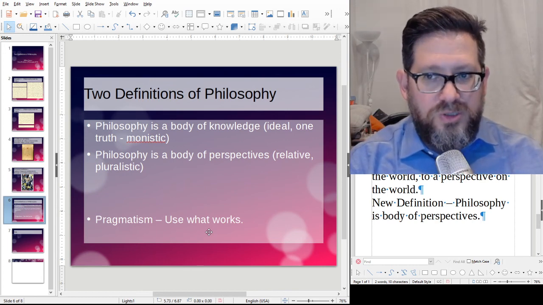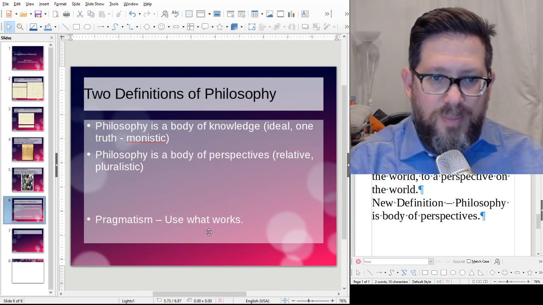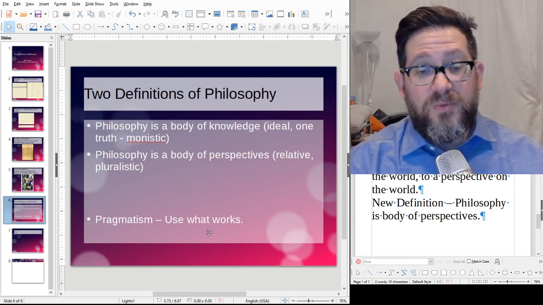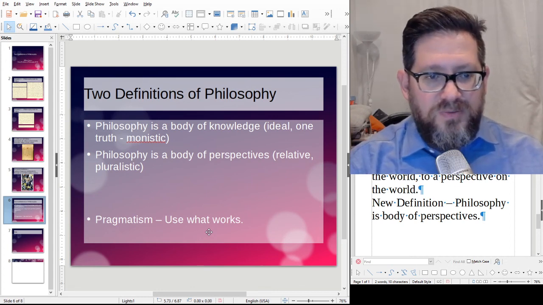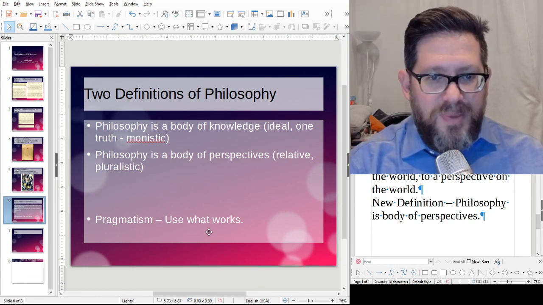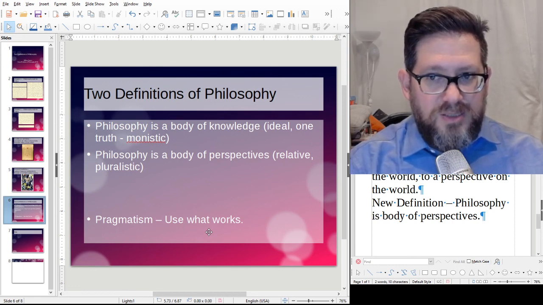Use what works. He can go back to this new definition, a body of perspectives, and say, use the perspective that works for you right now, and if it stops working, use a different perspective. This is a way for him to get past the stalemate in philosophy at that time.